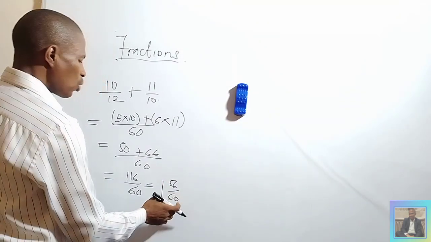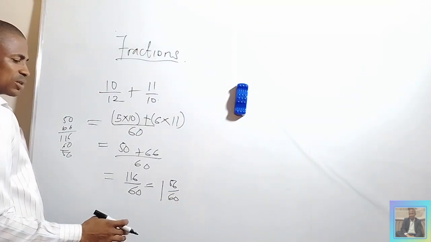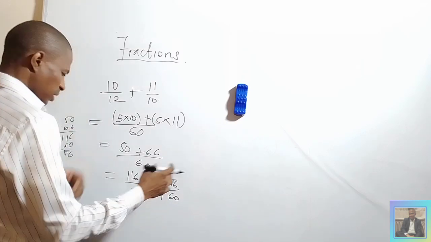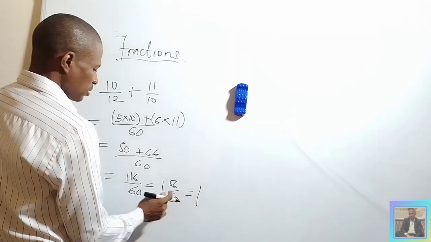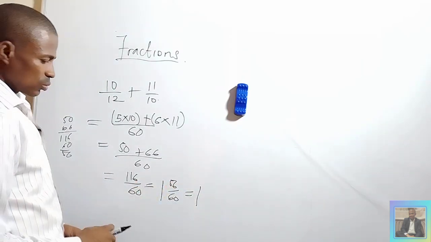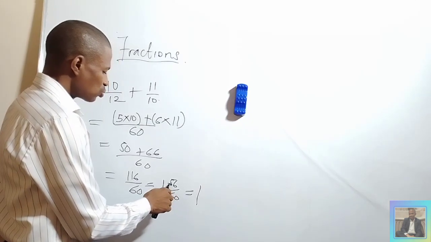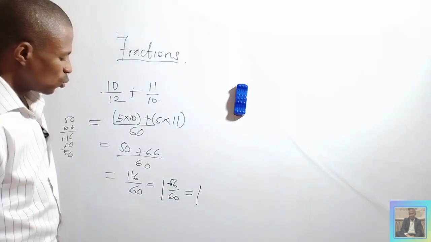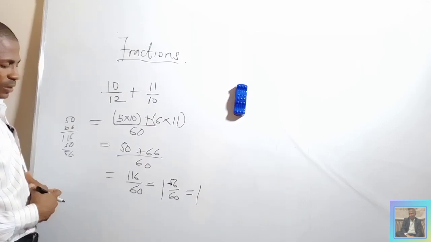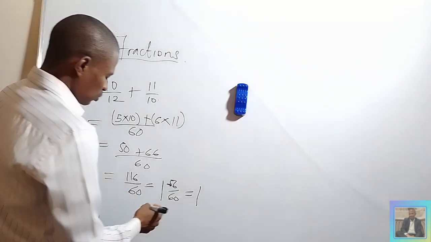We can also go ahead and make it go into lower fractions. What's the common factor that we can find in 56 and can also divide 60 without any remainder?